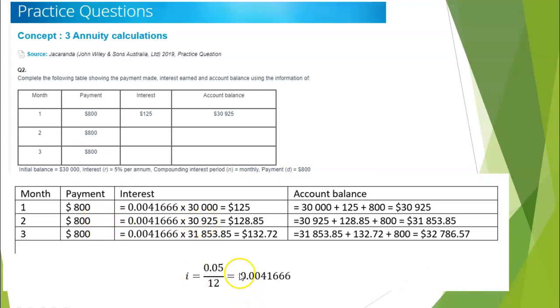So here I convert my interest rate into a decimal per compounding period. I multiply that by my starting balance to work out my interest. So here $125. Here I'm adding 125 plus the 800 to my starting balance, and that becomes the new amount that I'm going to multiply by. So this is my completed table here.